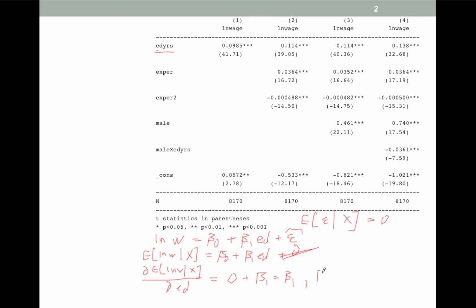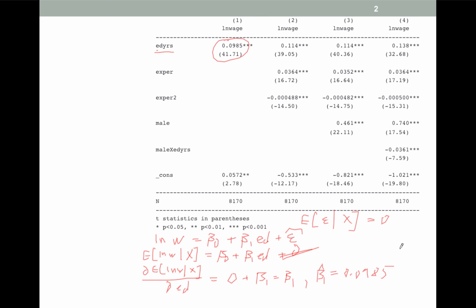Now in this regression, beta 1 hat, our estimate, is simply 0.0985. So as education increases by 1 year, we expect log wage to increase by 0.0985.